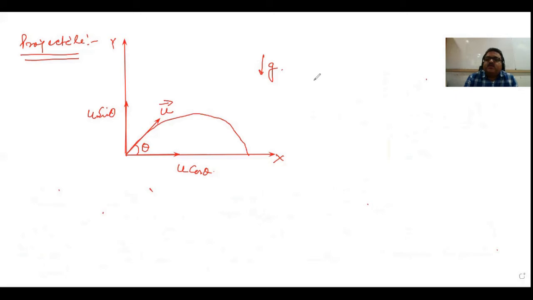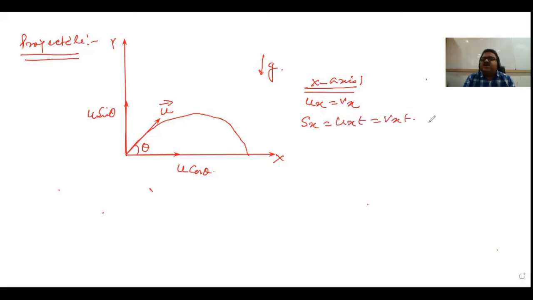When it is the motion along x-axis, since no force is acting, we'll apply this formula, ux equal to vx. That means velocity along x-axis is always constant. So in order to find the displacement along x-axis, I apply either ux into t or vx into t, where t is the time during which this displacement occurs, correct?